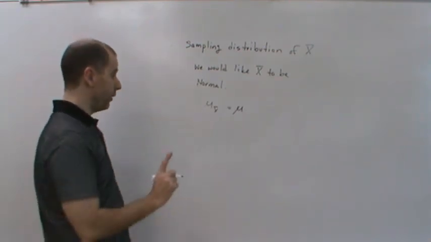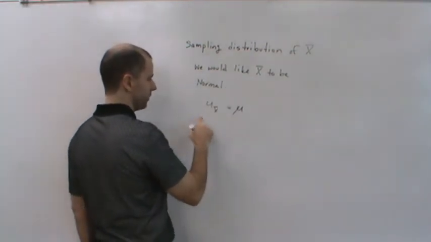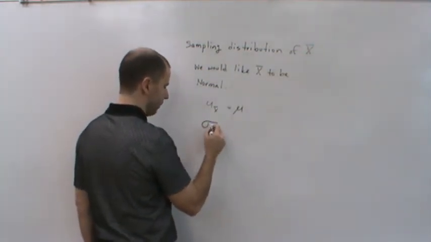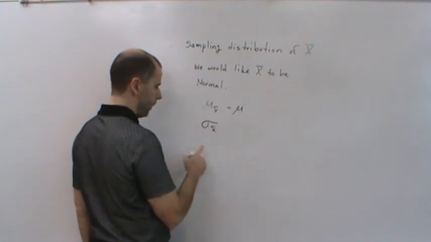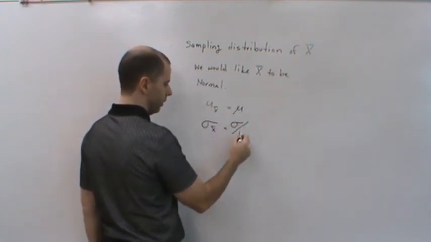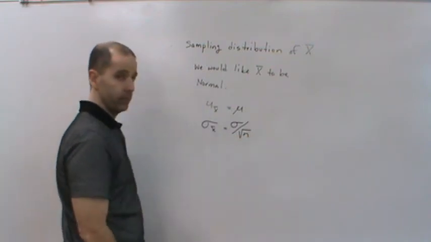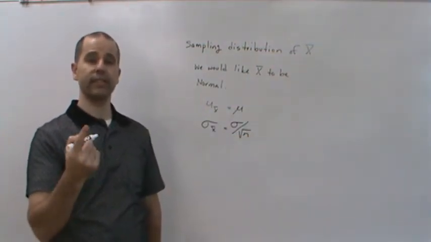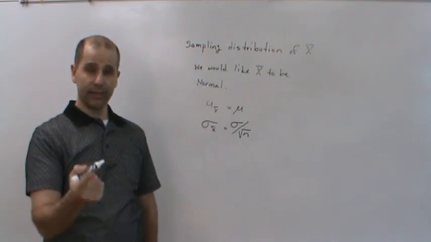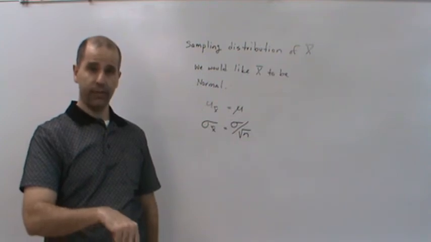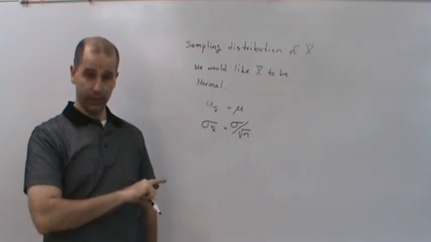The other thing that comes from the central limit theorem is that the standard deviation of x bar turns out to be sigma over the square root of n. So the standard deviation of the sample statistic x bar is less than the standard deviation of the population, okay?